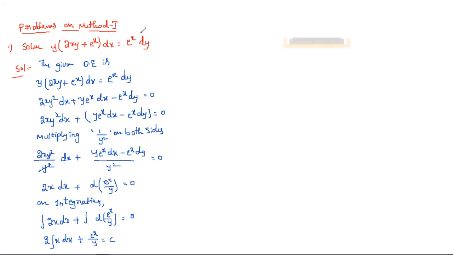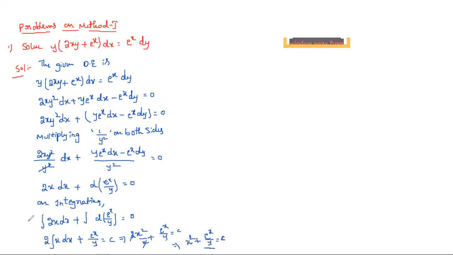Integral x dx is nothing but x square by 2. So 2 x square by 2 plus e power x by y is equal to c. So the 2 cancels, and we get x square plus e power x by y is equal to c. Don't forget to write c.